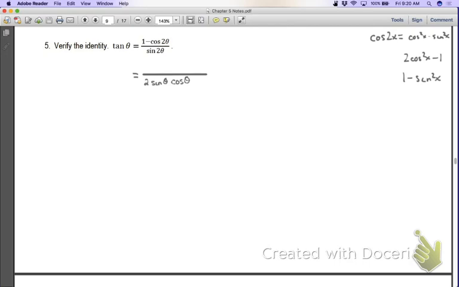Same way with the second one. Do I want to look at the second one? Yes, no, maybe. Because it's minus, right?